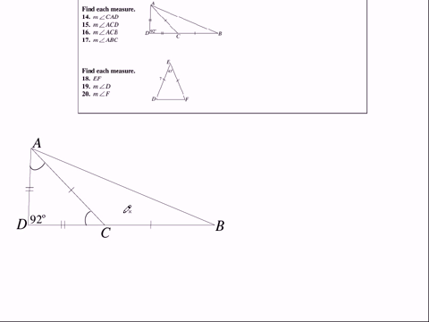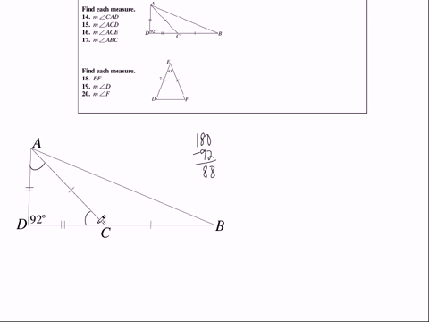They're exactly the same. I don't know either one of these, but I do know that all three angles add up to 180. So I take 92 away from 180 to figure out what this is. 180 minus 92 gives me 88. It doesn't mean this is 88 degrees. It means this plus this is 88 degrees.